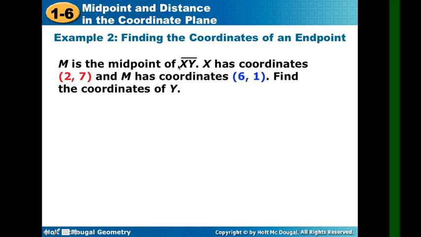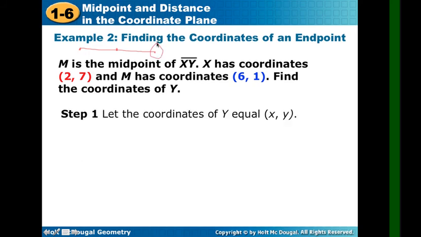On the other hand, we have another example. M is the midpoint of XY. Yung M daw, midpoint siya ng XY. Meron tayong XY na line segment, and M is its midpoint. If X has coordinates (2, 7), at yung midpoint niya is (6, 1), hanapin natin si Y. Ano daw ang coordinates ni Y?